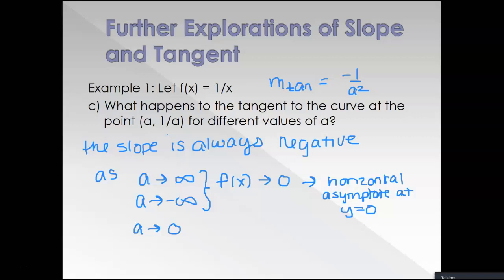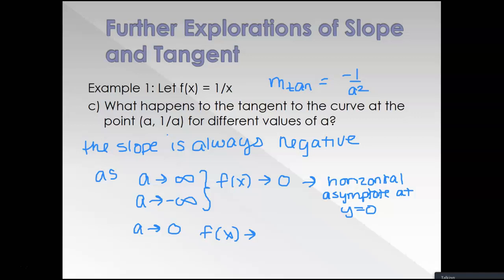We know that if the denominator is equal to 0, we get a vertical asymptote. There are only 3 possibilities for a vertical asymptote. The function can only be going in one of 3 directions. As a goes to 0, the function is either going to positive infinity, negative infinity, or it does not exist.